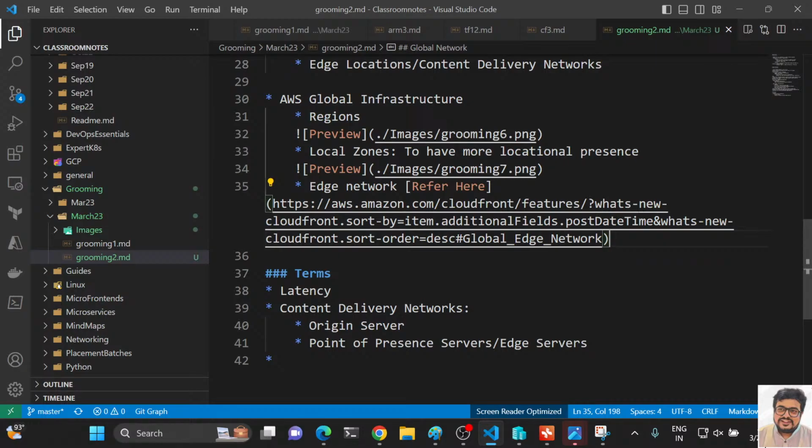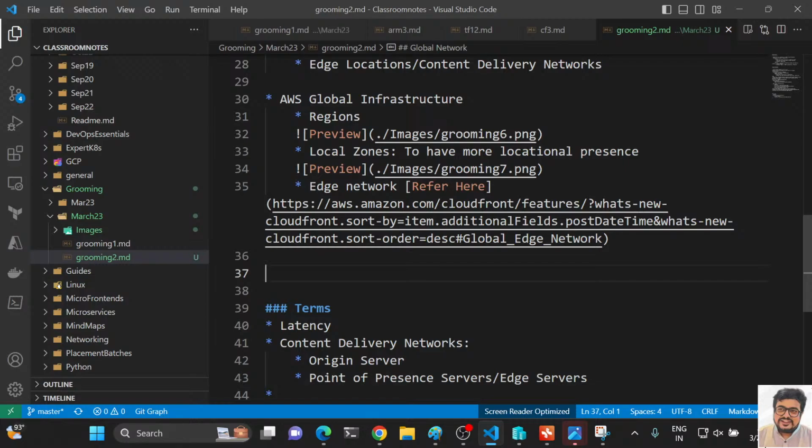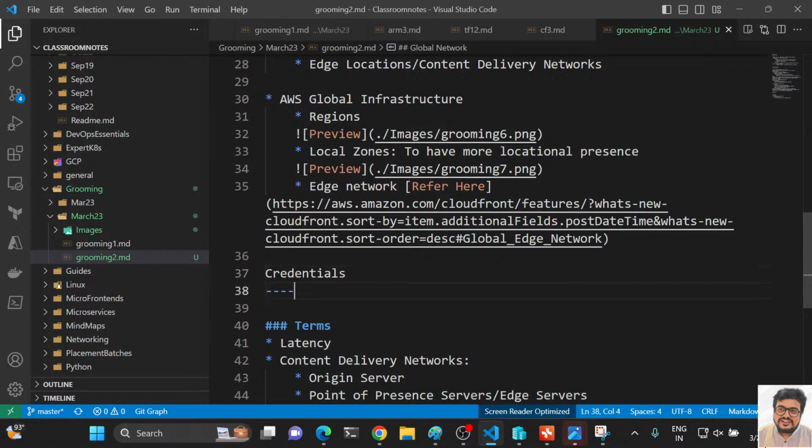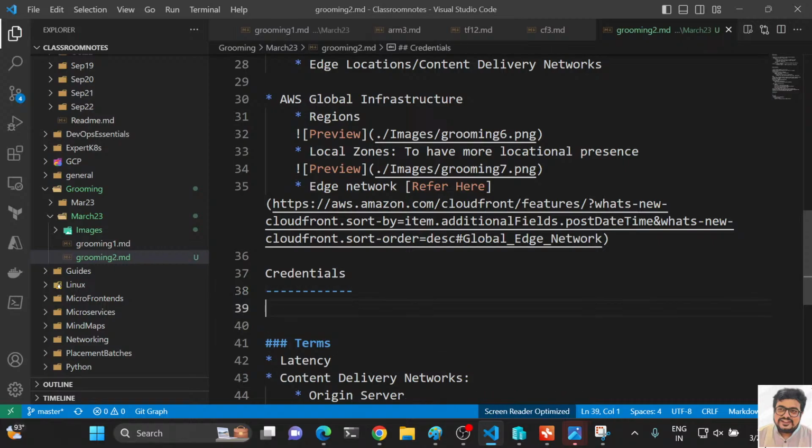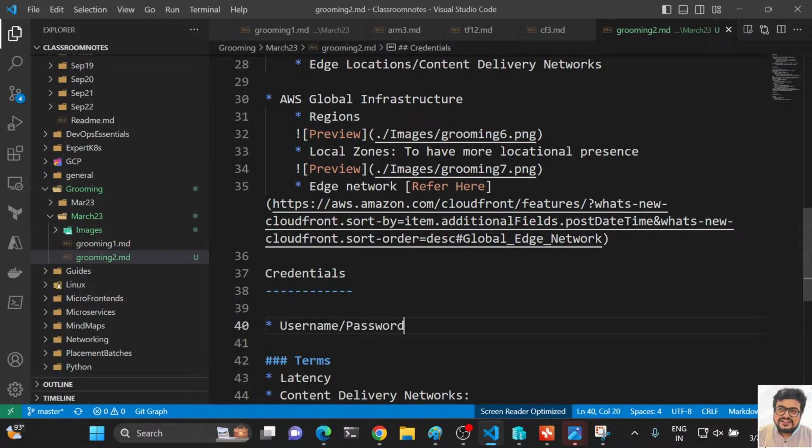Last topic for today: credentials. I am quite sure we know what credentials are. Username and password, that is what we usually think of. There is nothing wrong with username and password, but from now onwards we should know one more thing, which is username and key.